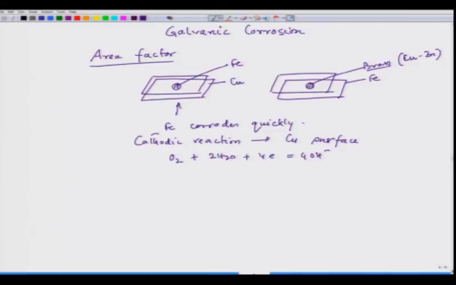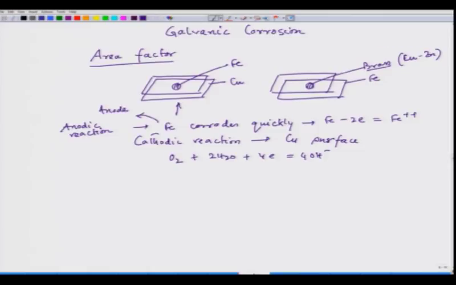And since iron is corroding, the anodic reaction, iron minus 2e, would take place. So, this is the anodic reaction, and it acts as anode.